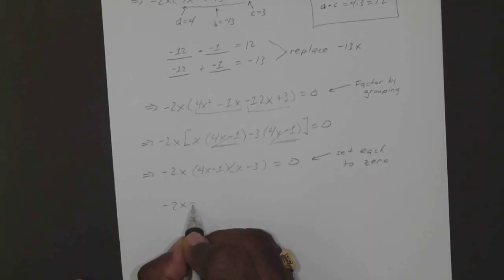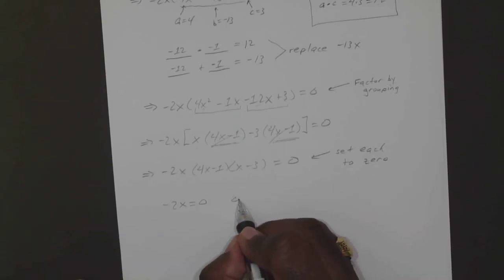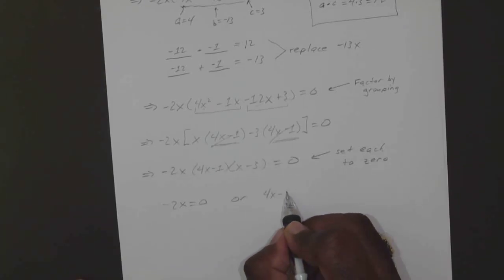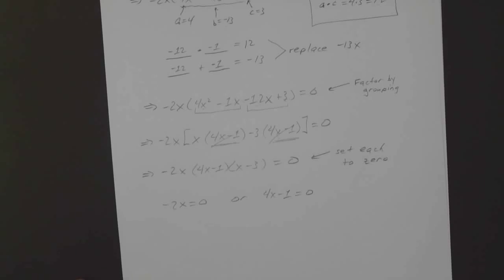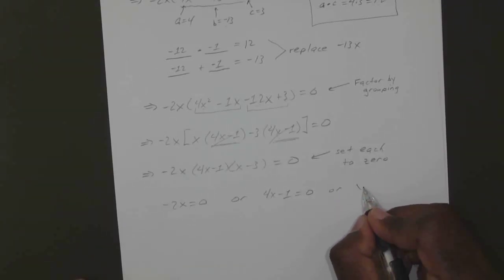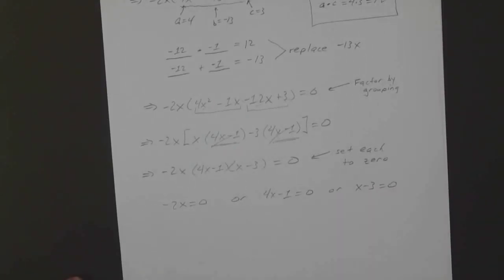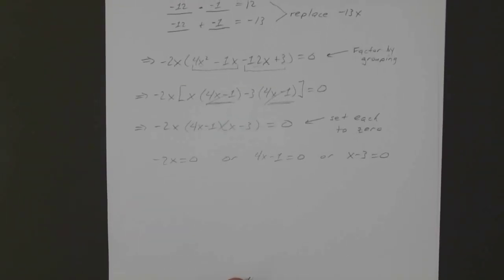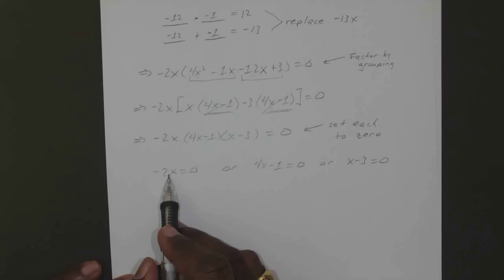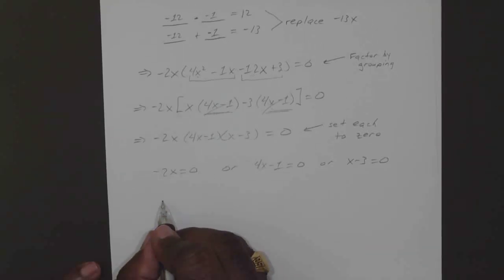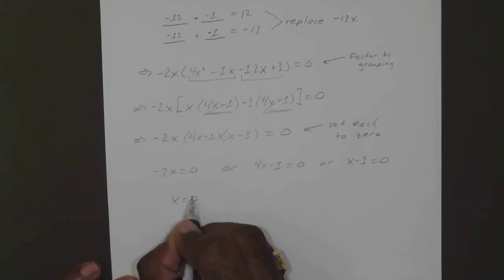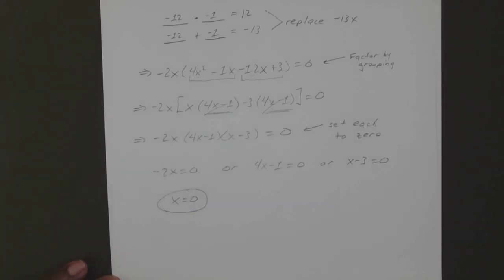Okay, so that means negative 2x can equal 0, or 4x minus 1 can equal 0, or x minus 3 can equal 0. Bring that up a little bit. Okay, so if we divide both sides by negative 2, that just gives us x equals 0 over negative 2, which is just 0.